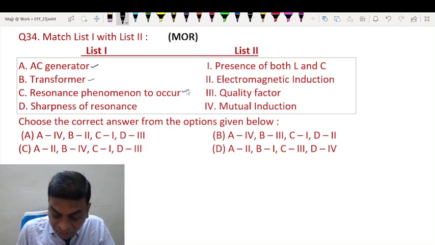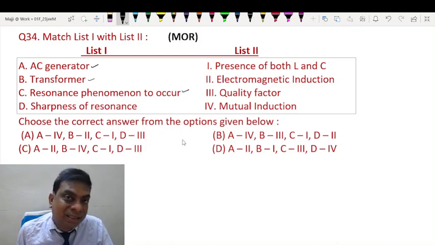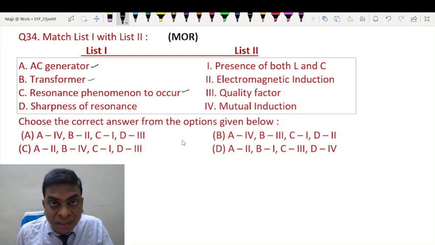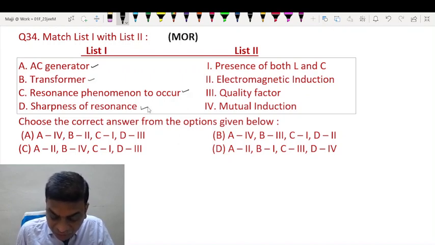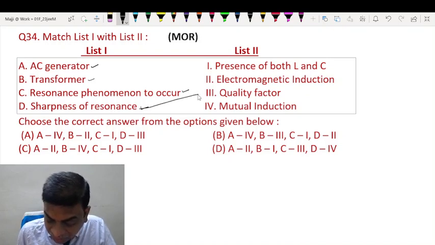Now resonance phenomena occurs in an LCR circuit, which could be a series LCR circuit or a parallel LCR circuit. And sharpness of resonance is related to quality factor, of course. So D can be straight away matched with 3.